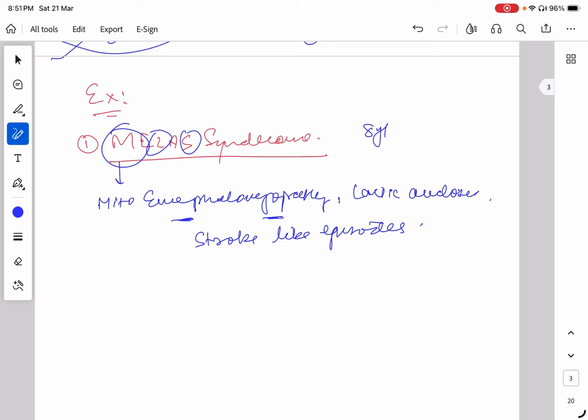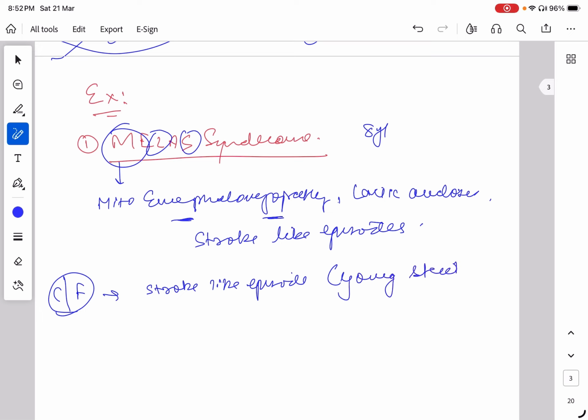The important clinical feature of MELAS is stroke-like episodes in young age. This is very important. Young child or young adult will present with stroke, so young stroke less than 40 years of age, MELAS is suspected.